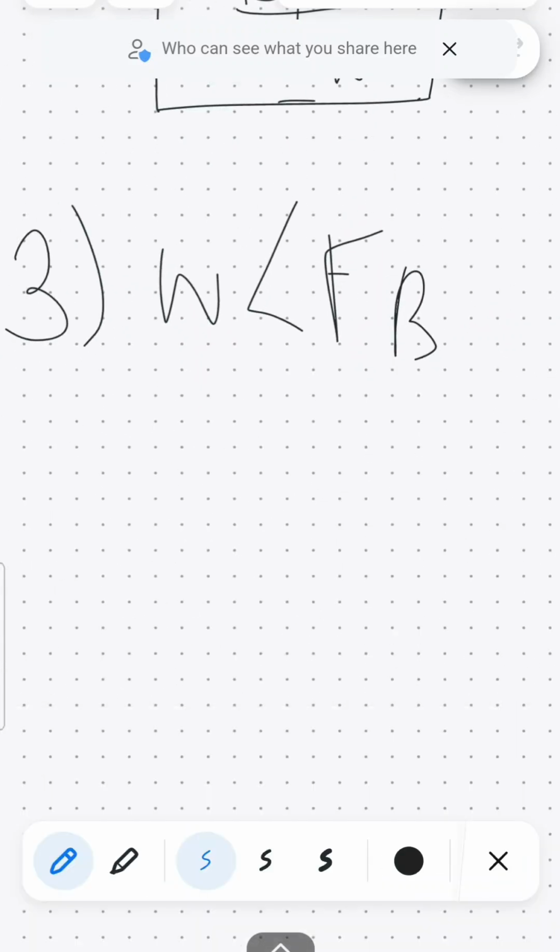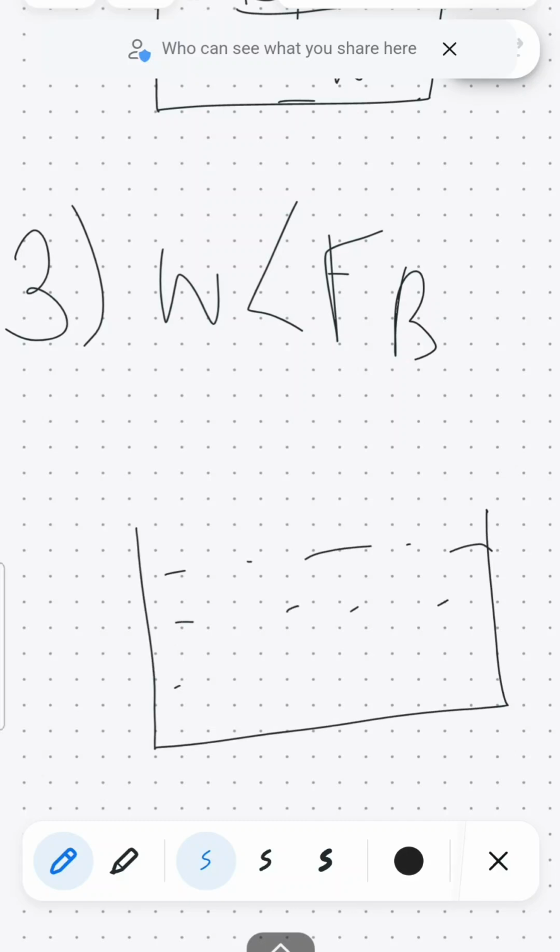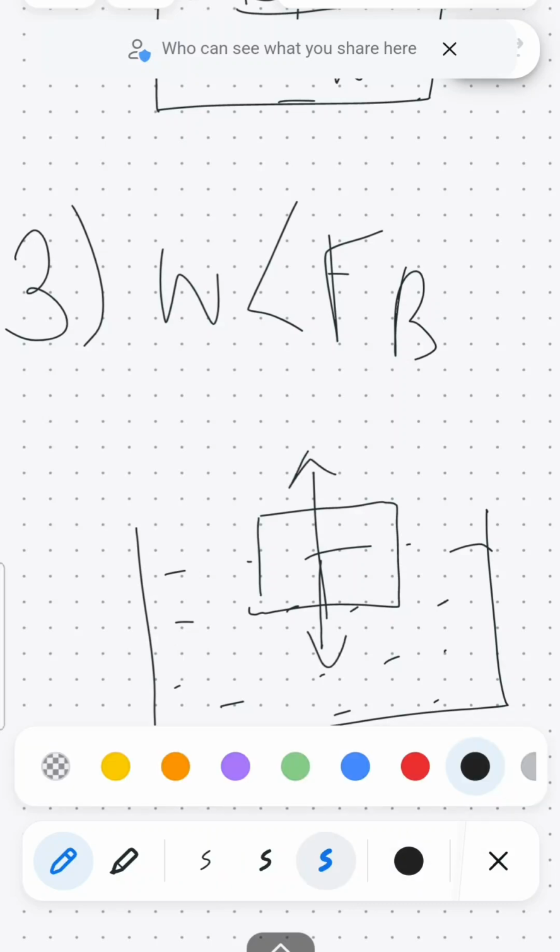In this case, if we draw a diagram, we draw the liquid first, with G, B, W and Fb.